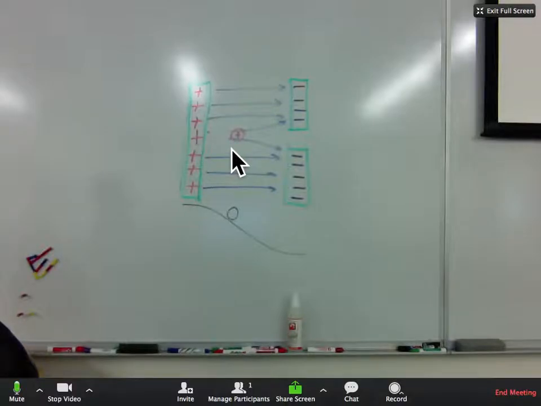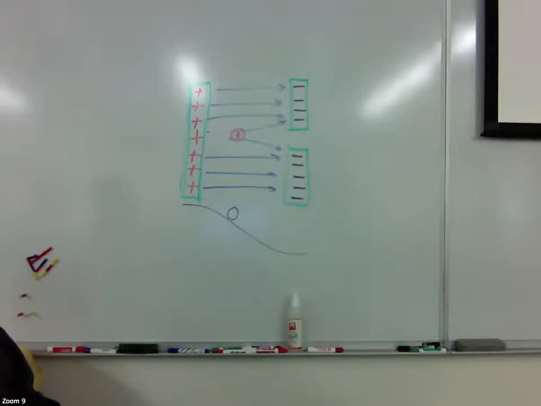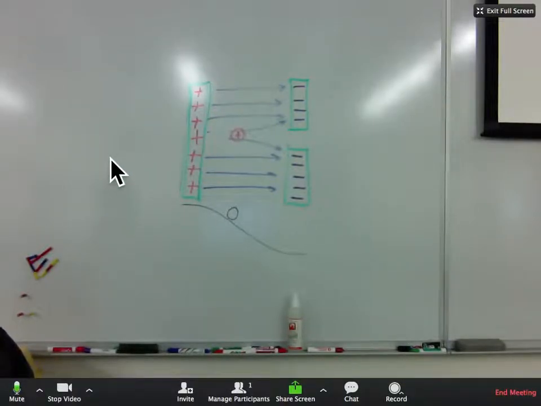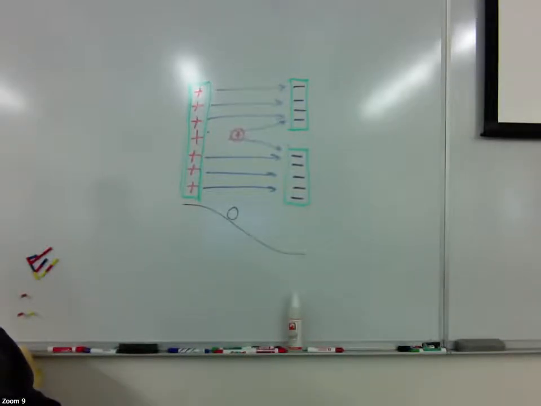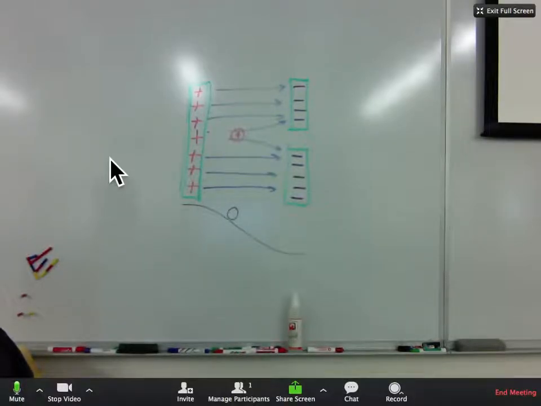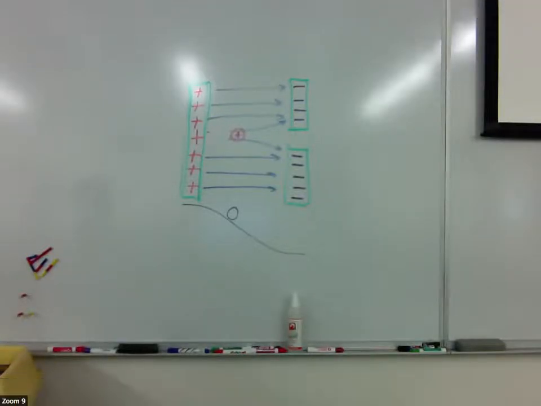Now, in electric fields, we don't necessarily talk about potential energy so much as we talk about potential. And one of the reasons for that is because the bottom of the electric hill is not as easily defined sometimes as the bottom of a hill in a kinematic situation. Sometimes you don't even know where the field is going.